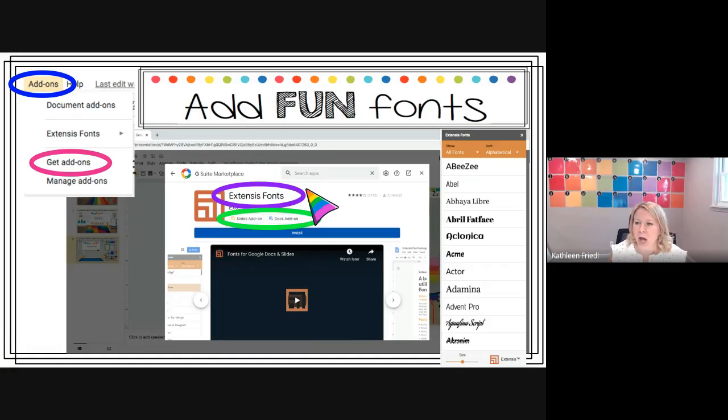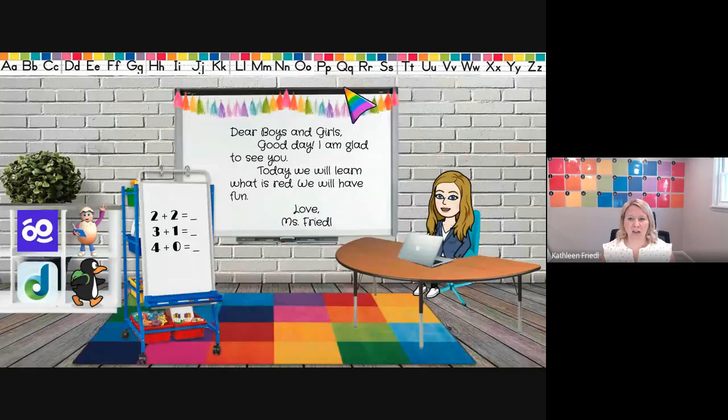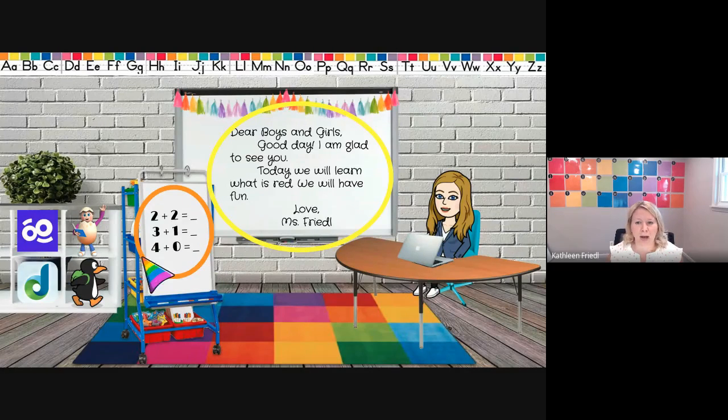Pretty easy. All right, so here's me. I've added a text box onto my smartboard screen. Yay. I've also added some text box onto my easel. I tilted the font just a little bit on my easel so it looks like it's actually on my easel and not just awkwardly straight up and down.